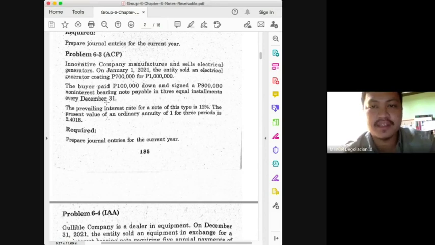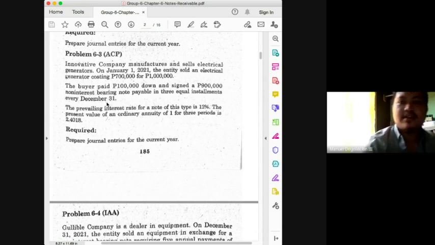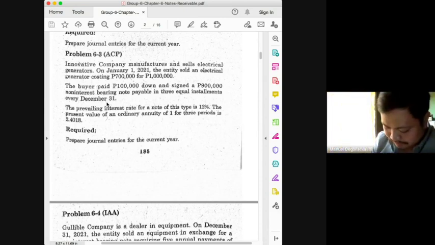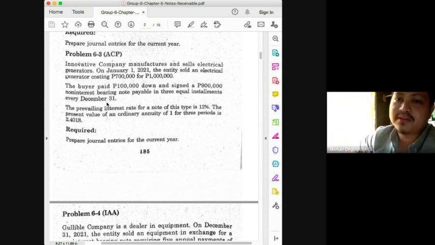So you might ask the question, why are we not deducting the 32,154 from the 600,000? Why are we not deducting the remaining unearned interest income from the 600,000? Because after 2 years, the remaining balance on our notes receivable is not 600,000 anymore. Why? Because there was a payment on December 31, because the problem tells us that payments will happen every December 31.